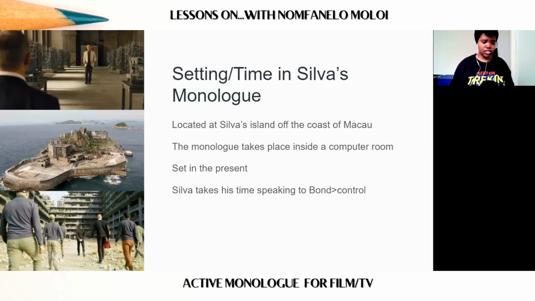It was interesting that with the monologue, he starts it from the elevator and we don't see him, and he walks slowly towards Bond as he is delivering the monologue. So clearly here he wants to establish a sense of control, essentially like, I own you, you're gonna listen to me or else, that sort of vibe.